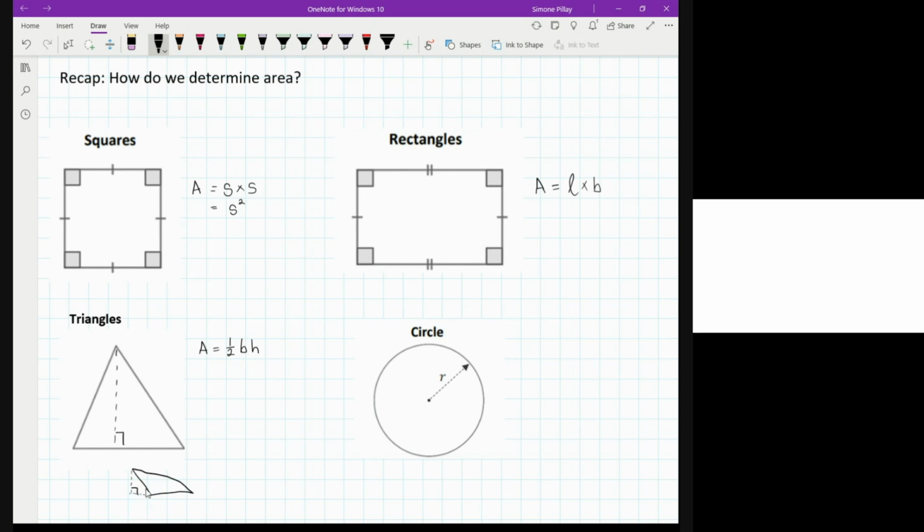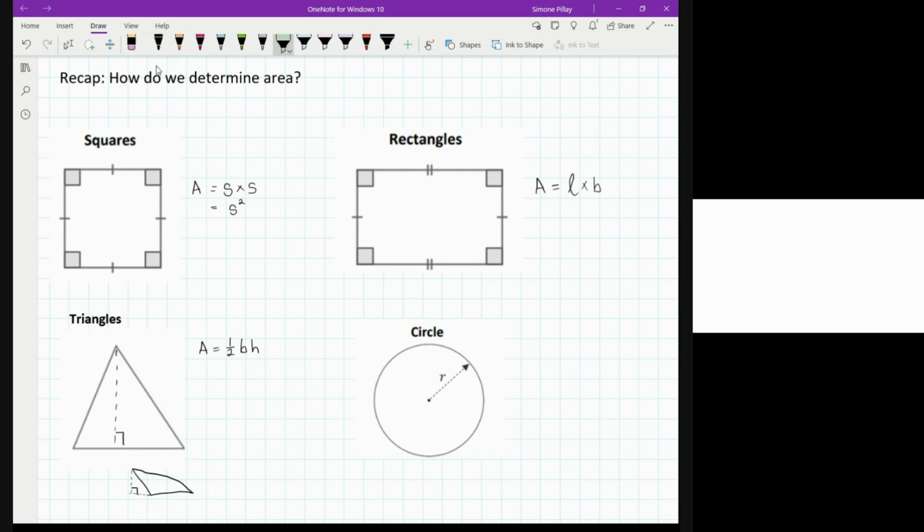So remember, guys, our height in our triangle is not going to be this. This is not the height in my triangle. Please, please, please don't make the mistake of using your slanted height as your perpendicular height. In my formula for area of a triangle, we specifically want perpendicular height.